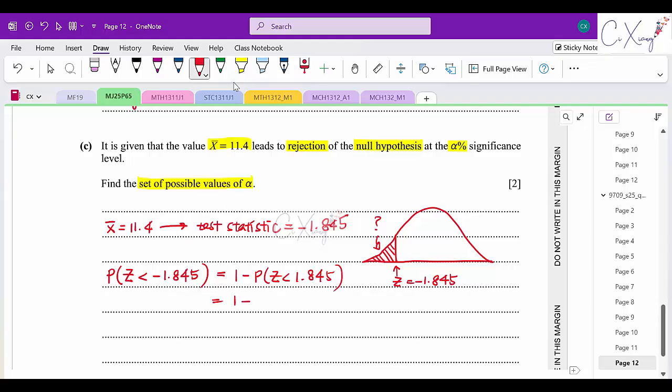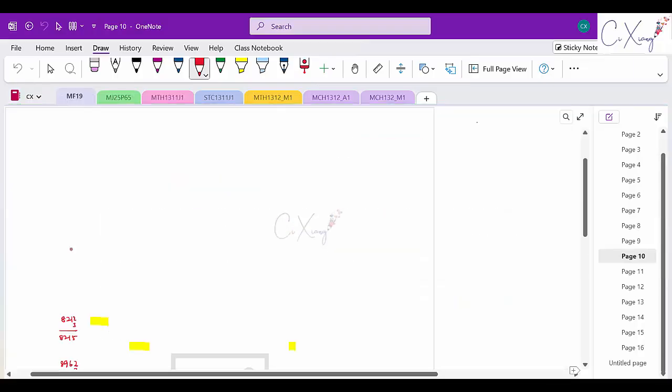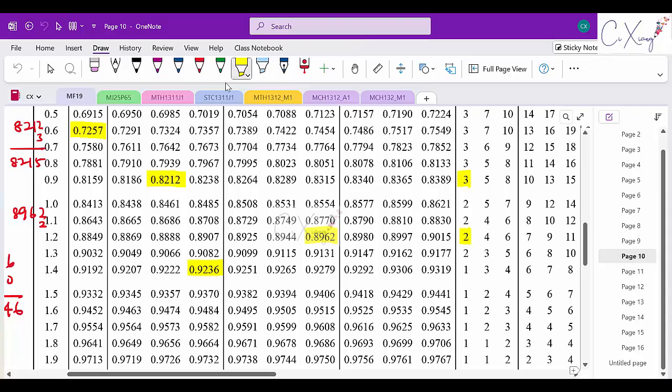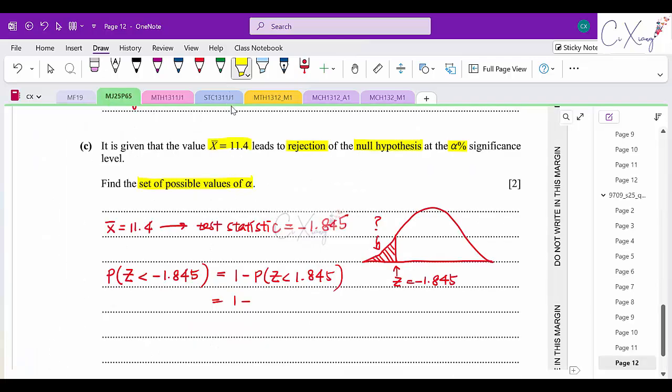Then you can get the value from the table. So looking for 1.845: 1.84 is this one, and 5 is the 4. So 0.9671 plus 4, you get 0.9675. So 1 minus 0.9675, then you get 0.0325.